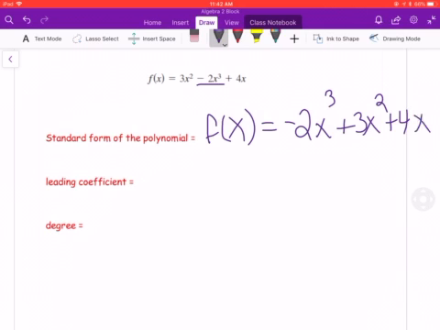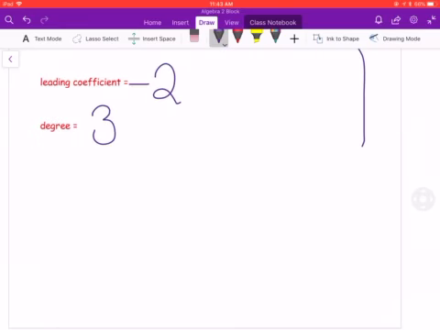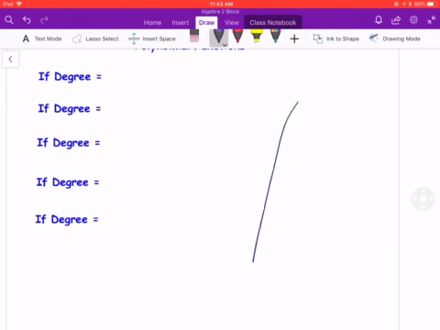That would be in standard form. Then the number out front of the term with the highest exponent is negative 2. That's our leading coefficient. And we would say that the degree of this polynomial is 3. Now the degree of 3 does have a special name. We're going to go down here and label those.